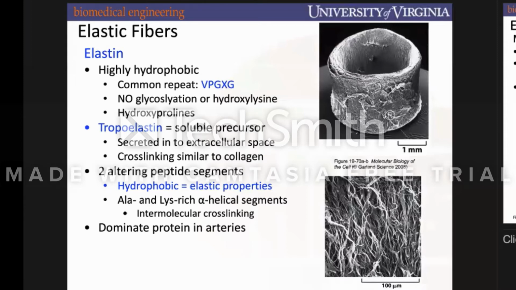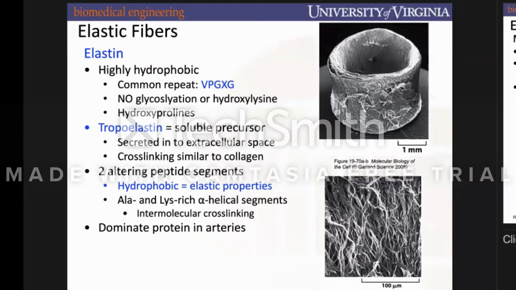And so elastin is really important, as I described earlier, in arteries, where collagen will provide the strength in response to a bolus of blood after a heartbeat. But again, it's really important for it to go back to its original structure.